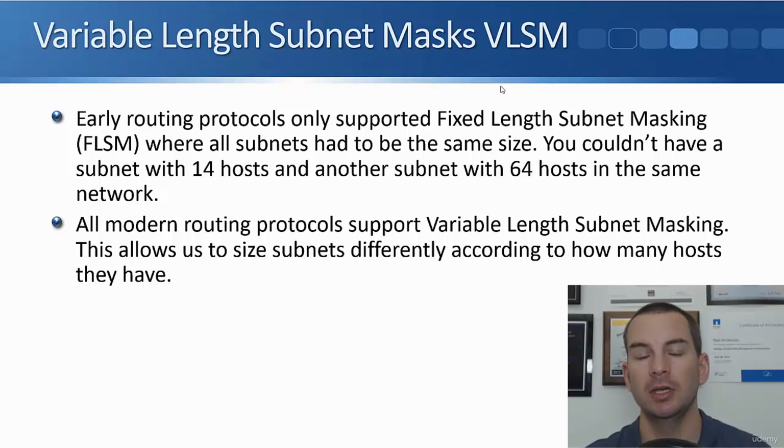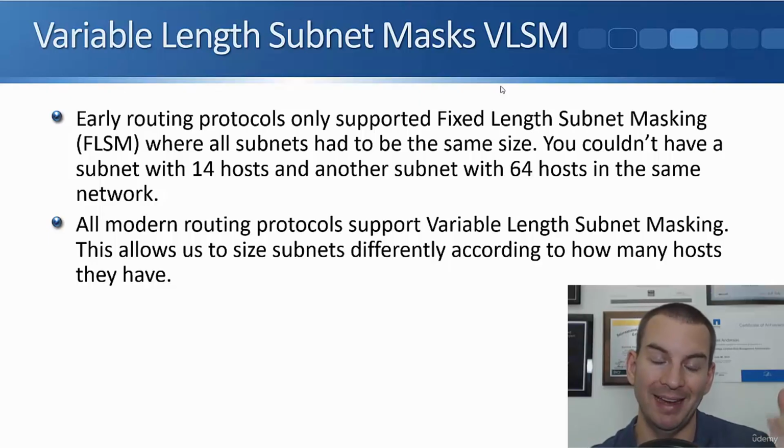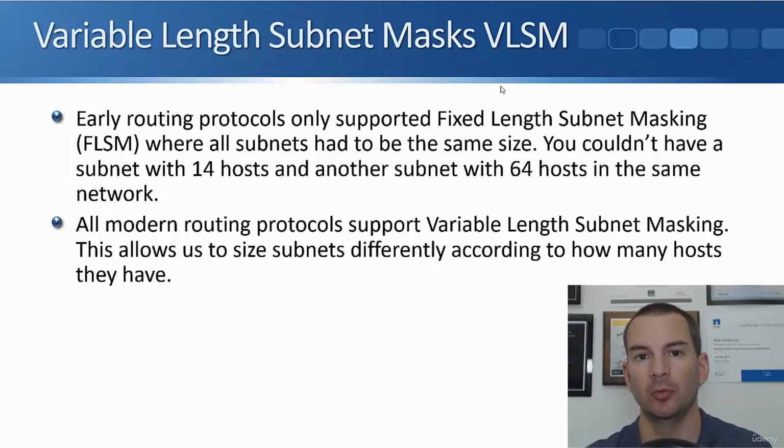The slide that you see here is the same slide that you saw at the end of the last lecture, where we explained that back in the day with early routing protocols, whenever you did subnetting, each of the subnets had to be exactly the same size. So if you had one subnet that was a /28, for example, they all had to be a /28.